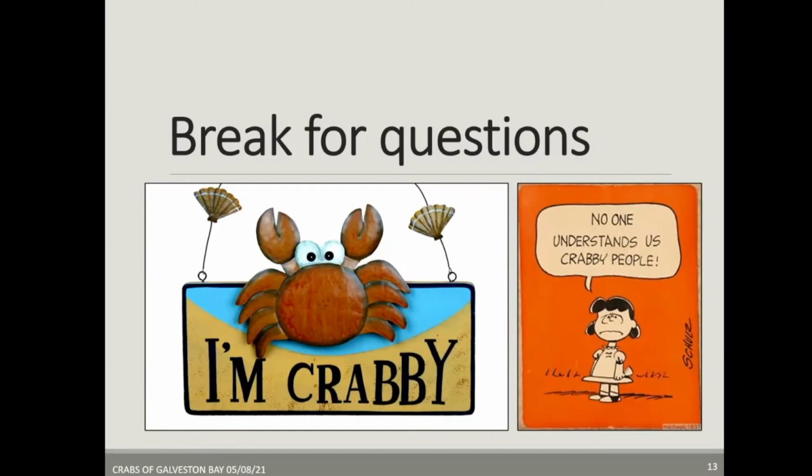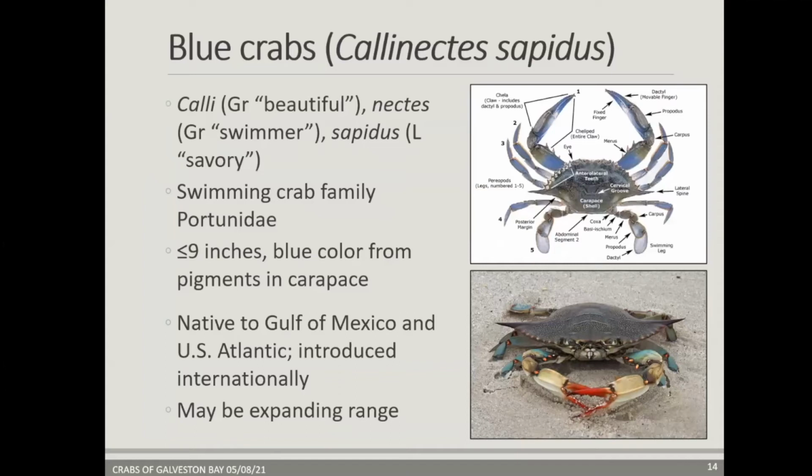Okay, let's head on. All right, so I'm going to talk about six common representatives of six common groups of crabs in Galveston Bay. And the first one, the one everybody is familiar with and eats and appreciates, is the blue crab. I love the name blue crab because Calli in the first part of the genus name means beautiful in Greek.